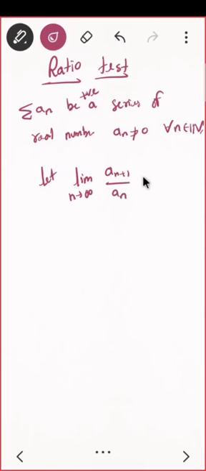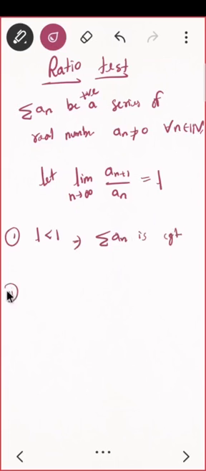If this limit is equal to L, then the first condition: if L is less than 1, then summation of a_n is convergent.